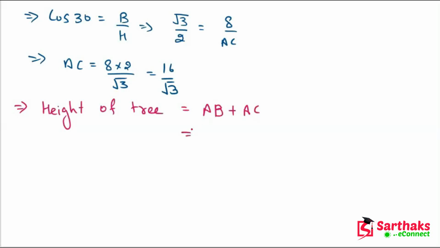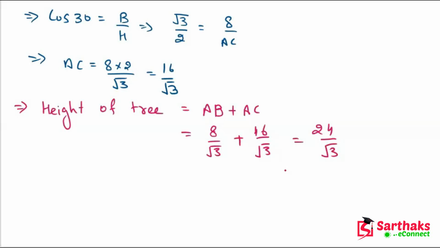Okay, now what is AB? We have AB is 8 upon root 3 plus AC is 16 upon root 3. So we get 24 upon root 3.